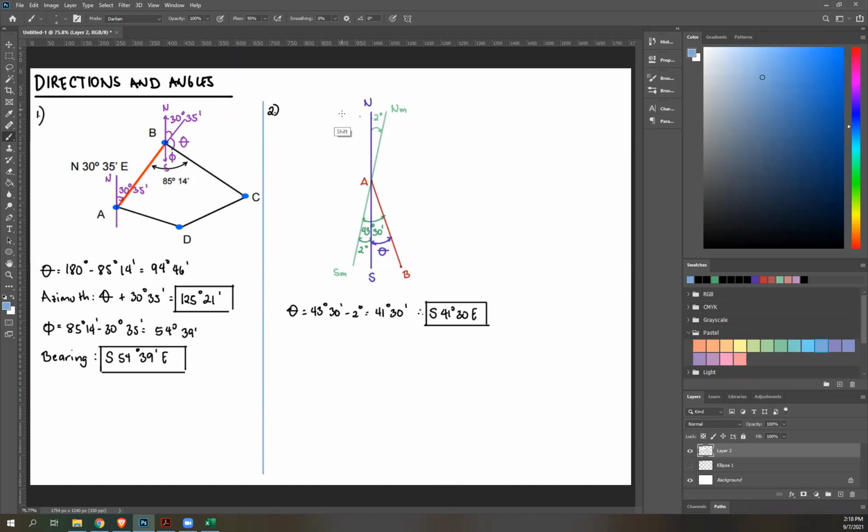Because if you extend this line AB, okay, this is theta as well, and theta is 40 degrees. This is 40, so your magnetic north and south would be between that. So let's say somewhere here.